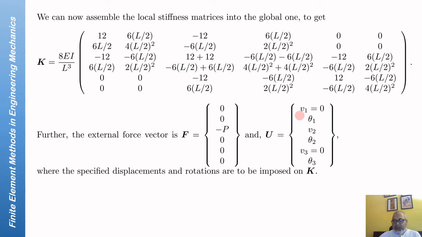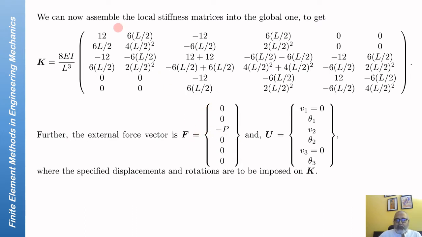If this was some given value, as in the second problem in quiz number 3, you would have to multiply the column by the given value and subtract it from f. In this case, we get zeros all over, so nothing is subtracted. Similarly, for v3, we have to take the column, multiply it by the specified displacement, which is 0 again, and subtract it from f. Since it's 0, nothing gets subtracted, so f doesn't get changed.